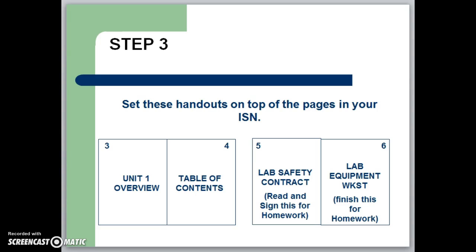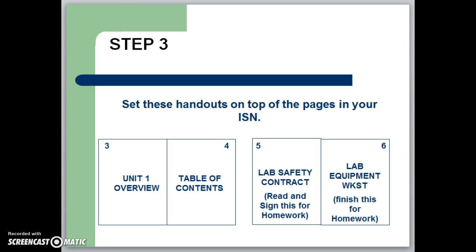Okay, if you go ahead and flip over to page 3, your Unit 1 overview, and then across from that will be your table of contents. Flip over to page 5 and 6. On 5 will be your lab safety contract. I will hand those back to you as soon as I get them checked off and note who has turned them in and who hasn't.